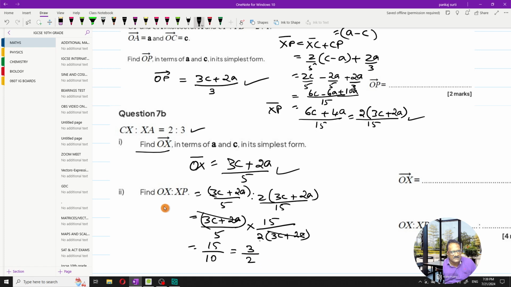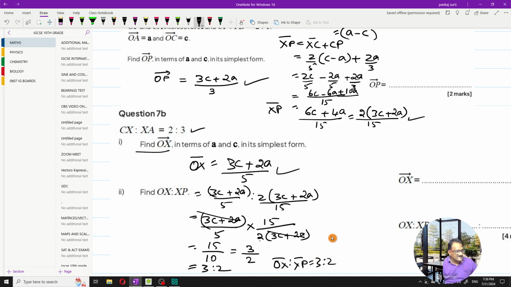So 3 is to 2. So this ratio OX is to XP is equal to 3 is to 2. So this is the answer. OX is to XP is equal to 3:2. Got it?